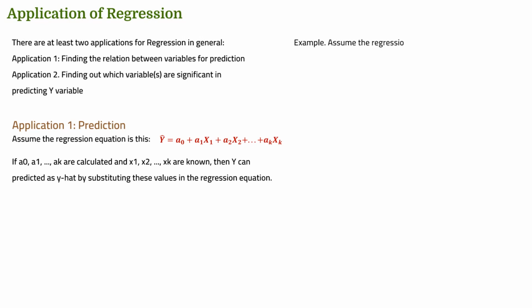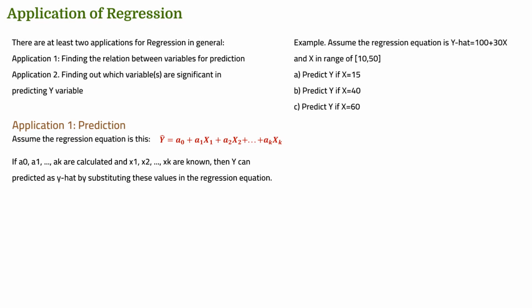Here's an example. Assume the regression equation is y hat equals 100 plus 30x, and x is in the range of 10 to 50. A, predict y if x equals 15. B, predict y if x equals 40. C, predict y if x equals 60. And here's the answer.